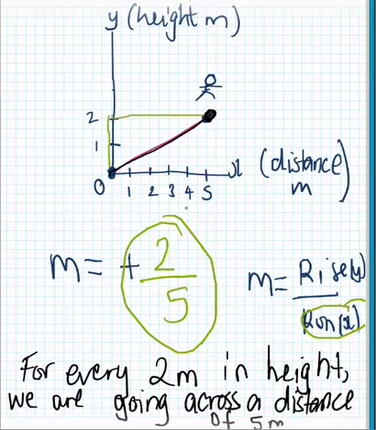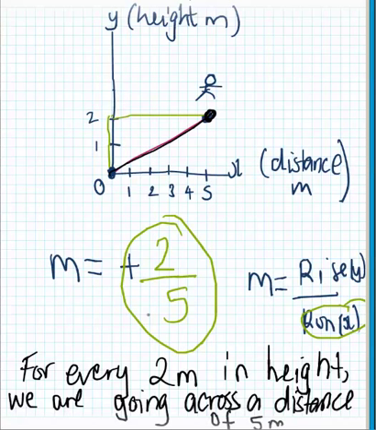Gradient is the change between 2 things. In this case, it was height and ground. Sometimes we're not given a real life example, so that's where we just have units. But in this case, we know 2 is saying for every 2 meters in height, we are going across the ground distance 5 meters. So hopefully that's made a bit of sense.